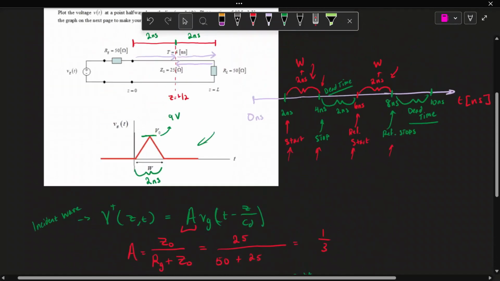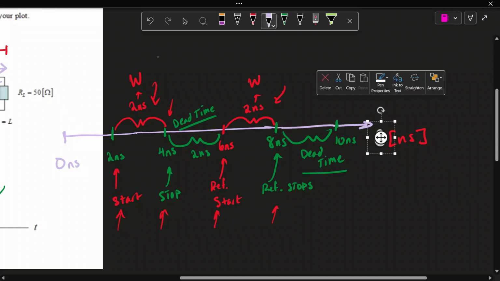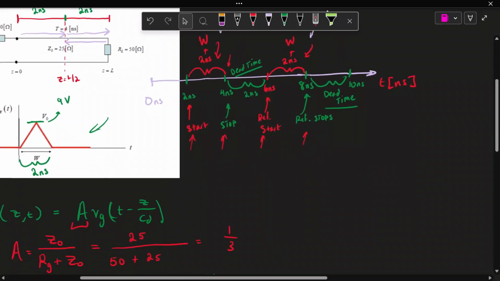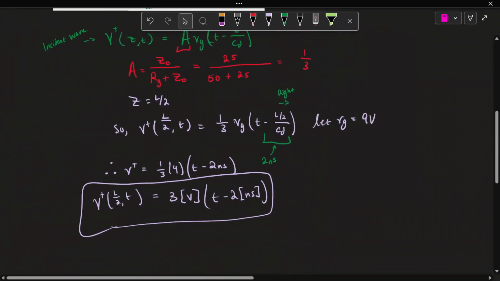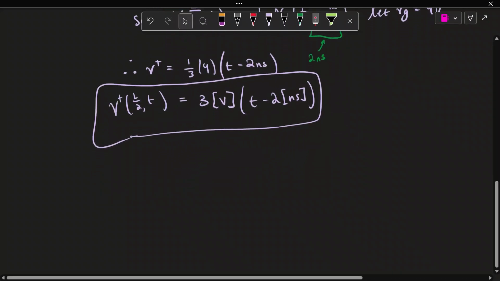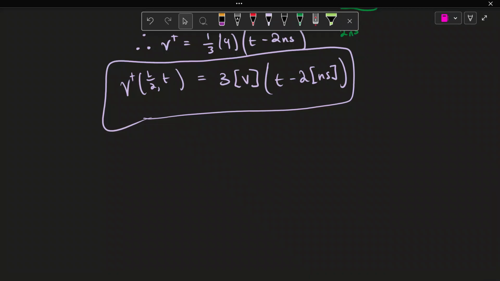Now, we know we don't only have one wave because, as you can see here, this is one wave and this is the second wave. So we have two waves. We have an incident wave and we have a reflected wave. How are we going to find the reflected wave? Well, the reflected wave has to do with our incident wave, but it comes back at a ratio or a fraction of our incident wave.